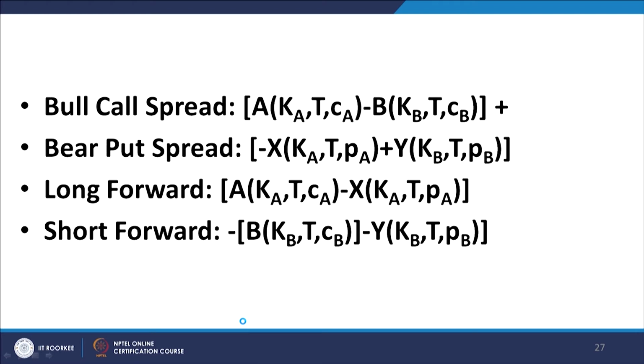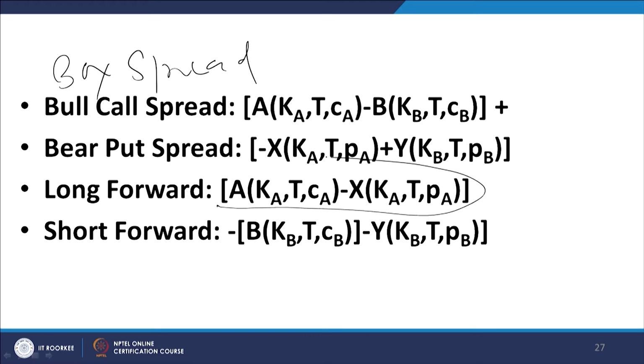So, the box spread is equal to this plus this, and now I simply rearrange this equation and write A and X together and B and Y together, and these two quantities turn out to give payoffs similar to forward contracts. Let us see how.